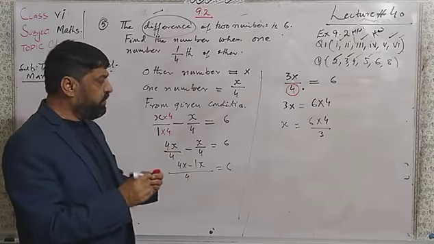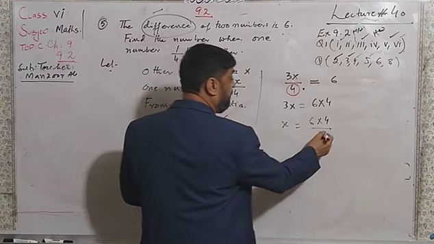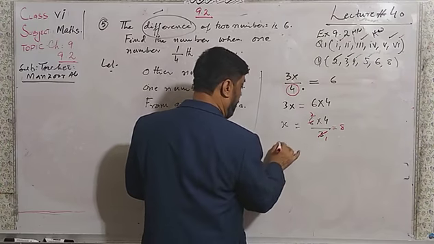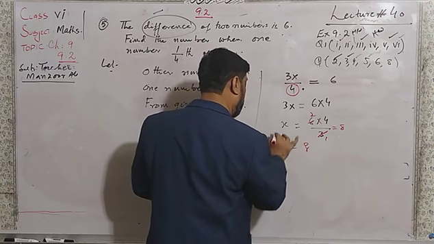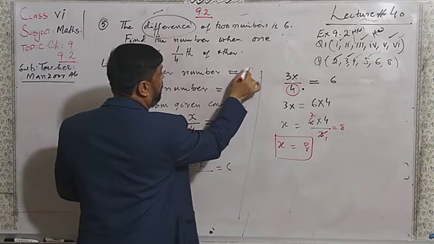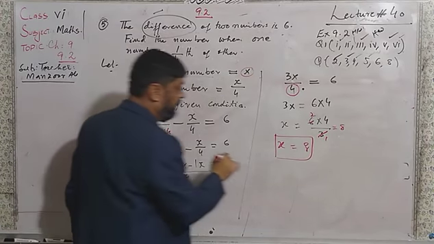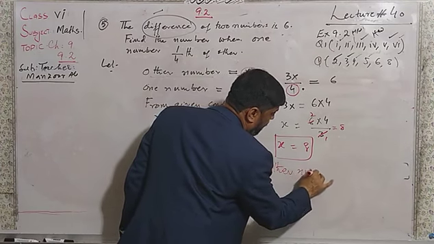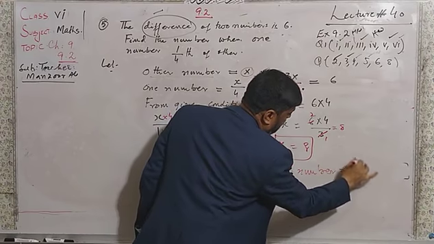Now 3 can be cancelled with 6: one time here, 2. So the actual answer is x equal to 8. This is the other number, equal to 8.